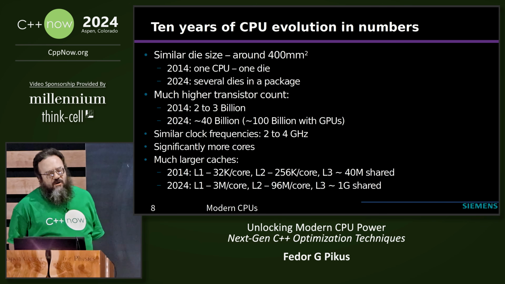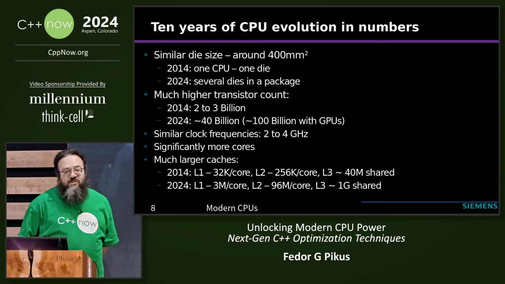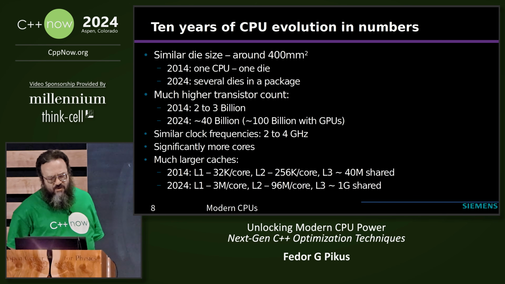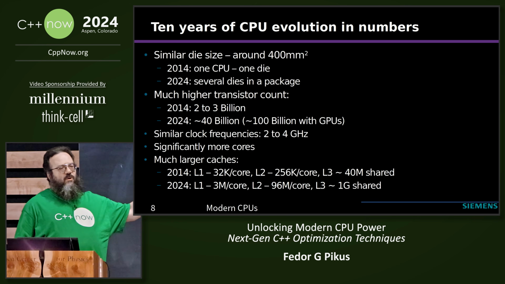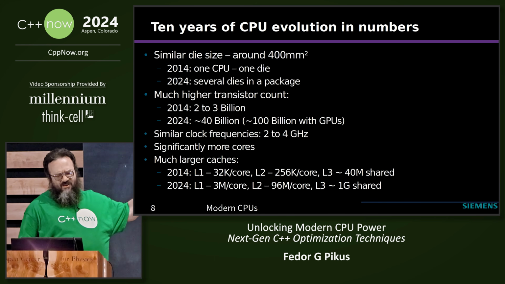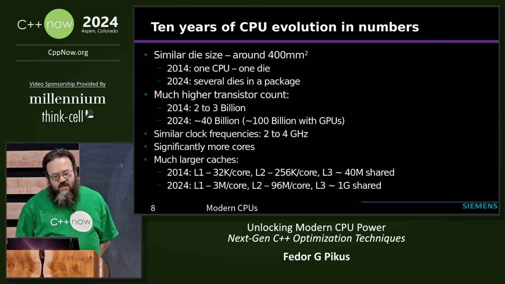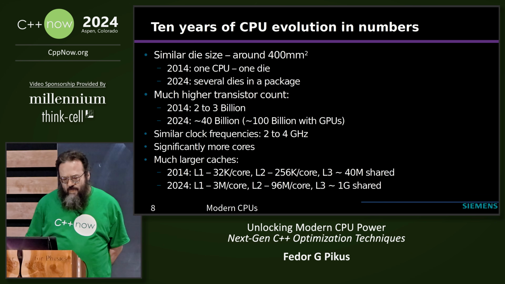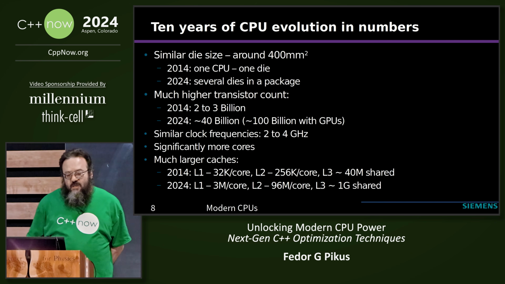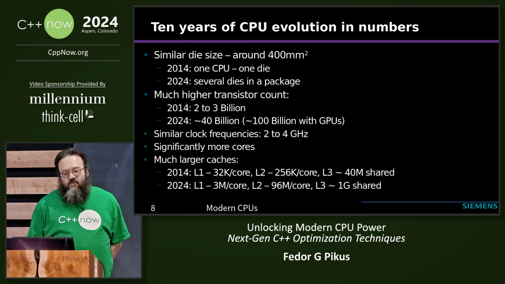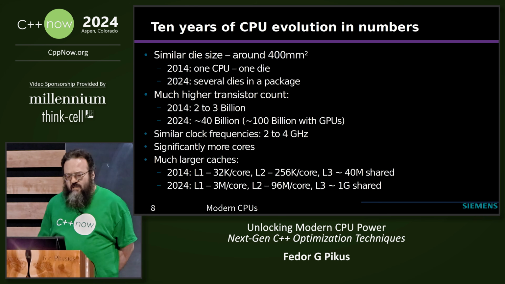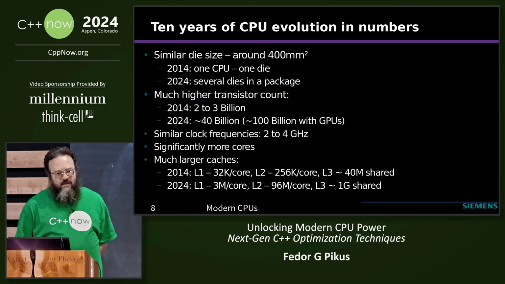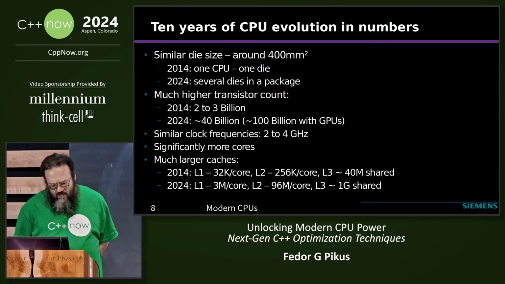Enough with the pictures. In terms of numbers, the size of a single die hasn't changed too much, about 400 square millimeters. I'm talking about CPU only. There are CPU-GPU combinations that are bigger than that. Now we have several dies in the package, but a single die is about that big. Much higher transistor count, again for CPUs, about 40 billion, more than that in things like Grace Hopper, which have GPUs on board.